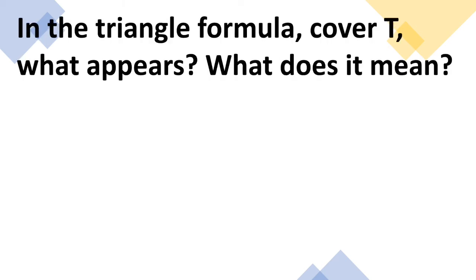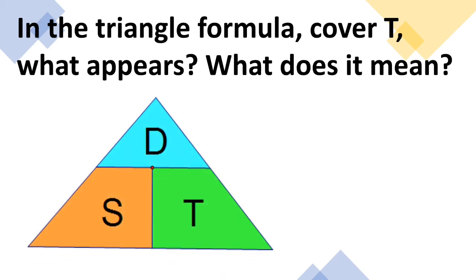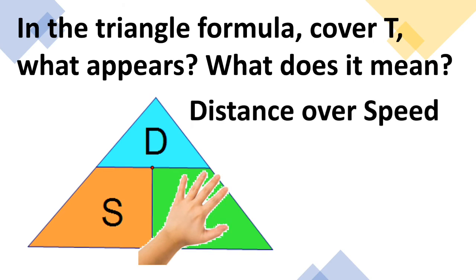So in the triangle formula, we are going to cover T, and what appears, and what does it mean? When we cover letter T, we got distance over speed, and that will give us the formula T is equal to D divided by S, or time is equal to distance divided by the speed.